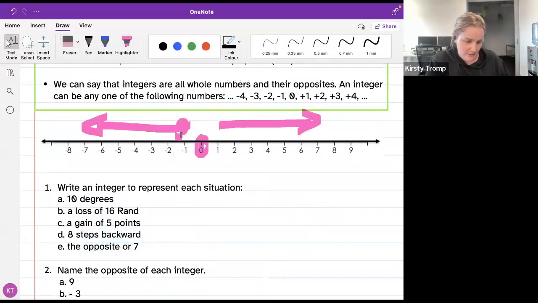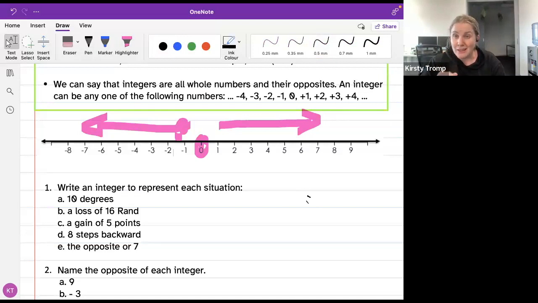If we have a look at questions that they could ask us, they could say: write an integer to represent each situation. Remember, before you answer the questions, you've got to say to yourself, what are integers?